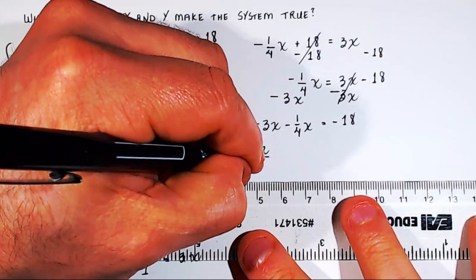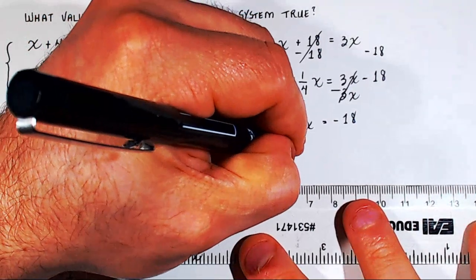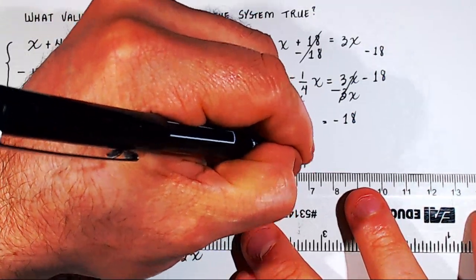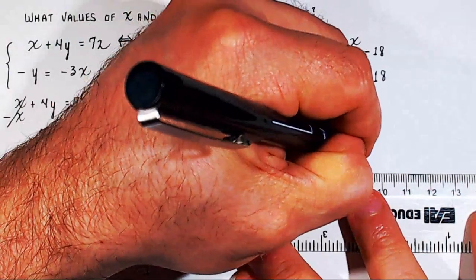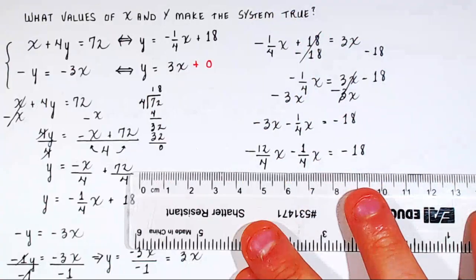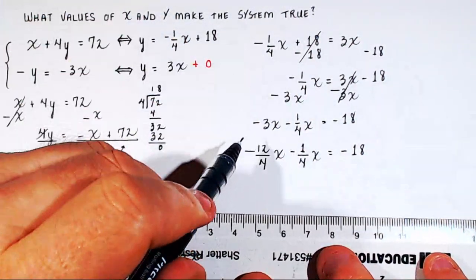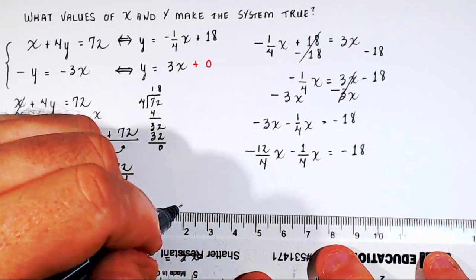So I could rewrite negative 3 as negative 12 over 4 x minus 1 over 4 x equals negative 18. Now, when I have two negative numbers and I subtract them, the numbers get bigger.